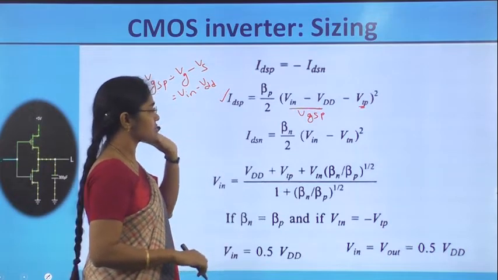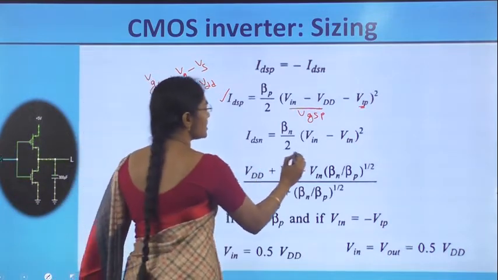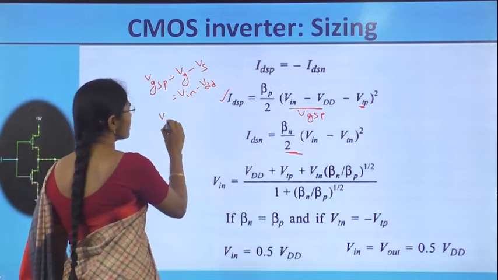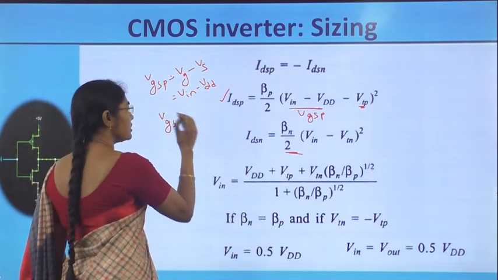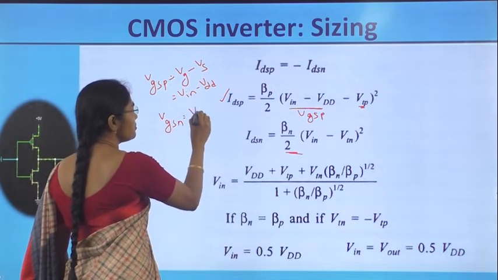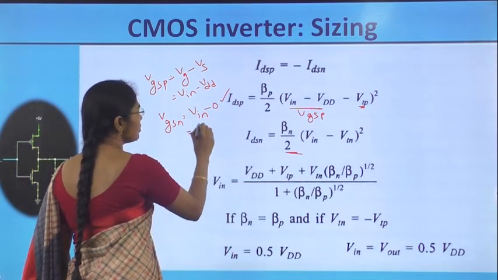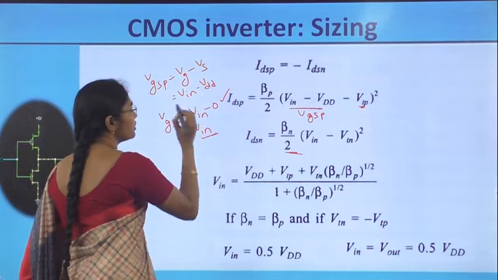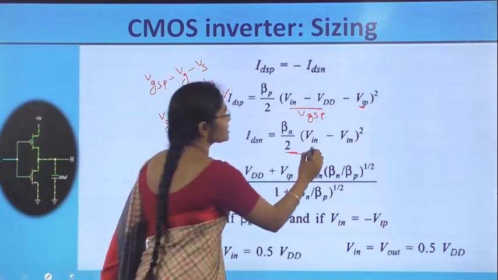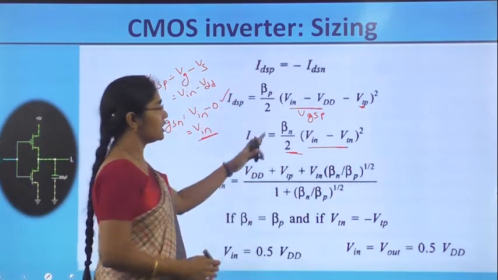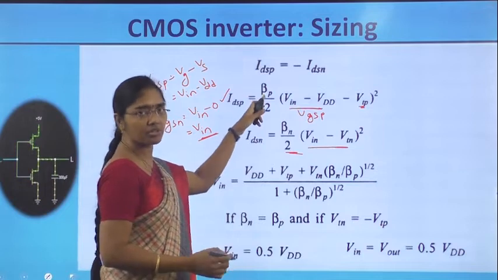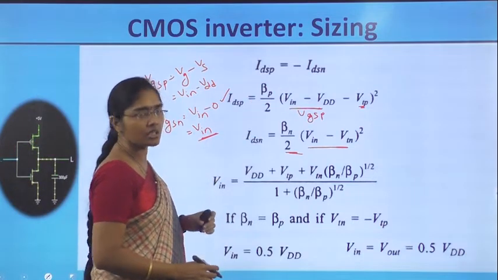This is the IDSP. And IDSN: VGSN for the inverter is simply Vin minus source. Source is connected to 0, so this is equal to Vin only. So, (Vin minus Vtn) whole square into beta n by 2. Beta p for the PMOS, beta n for the NMOS.